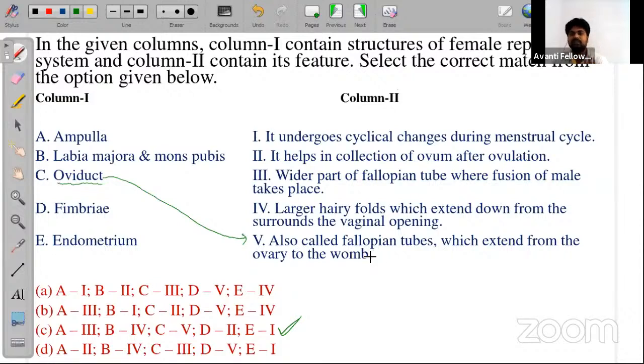In my case, it is easy for me, so I select this option, C. And this C, I find it in these options. C is matched to 5 in only one option.